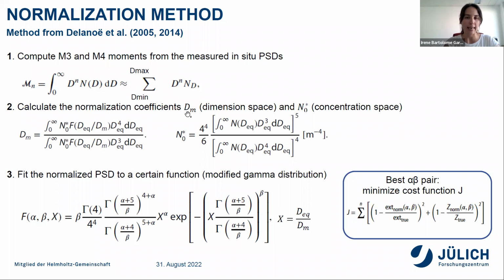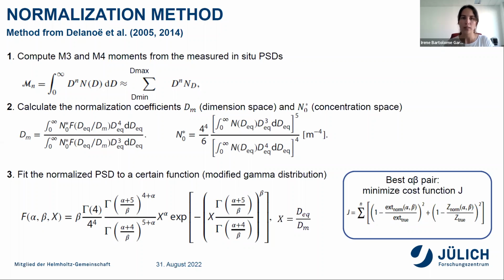This coefficient Dm is then used to normalize in the size space. For normalizing in the concentration space, what we use is the N0 star, also called the intercept parameter, and it also uses the third and fourth moment. So what we do is obtain this Dm and N0 star for each single PSD, like the ones that I showed at the very beginning, and we obtain the normalized PSD.